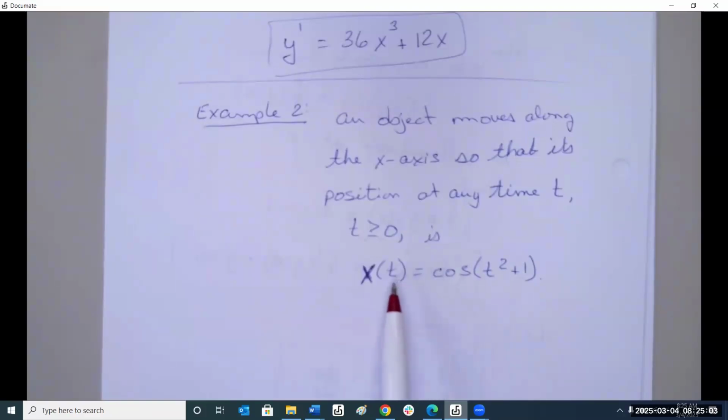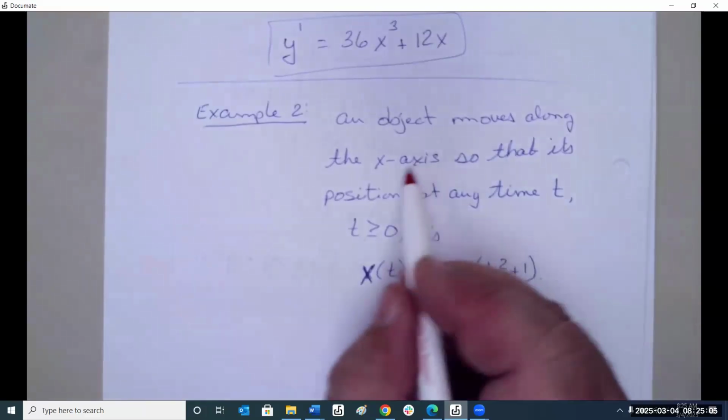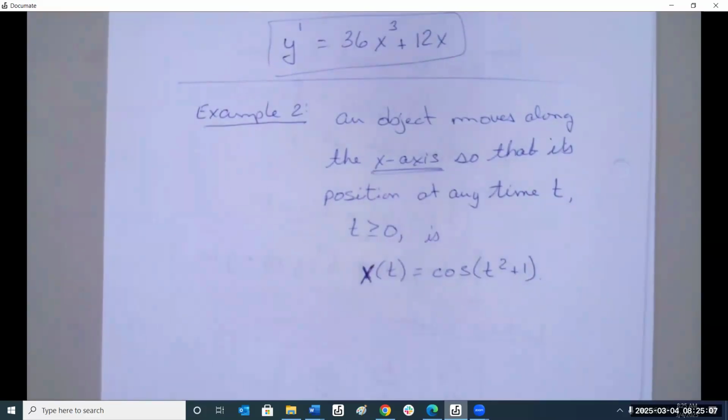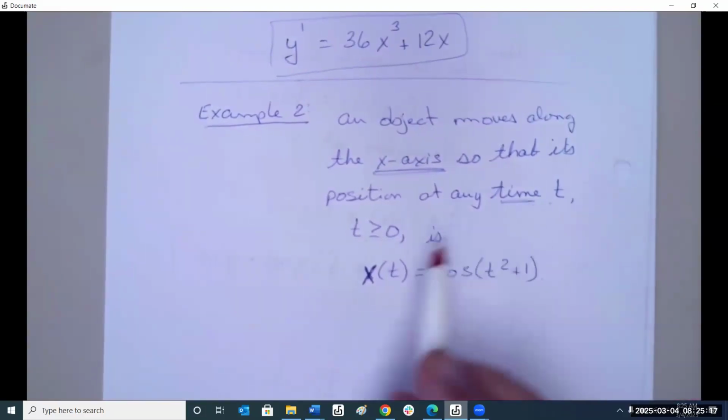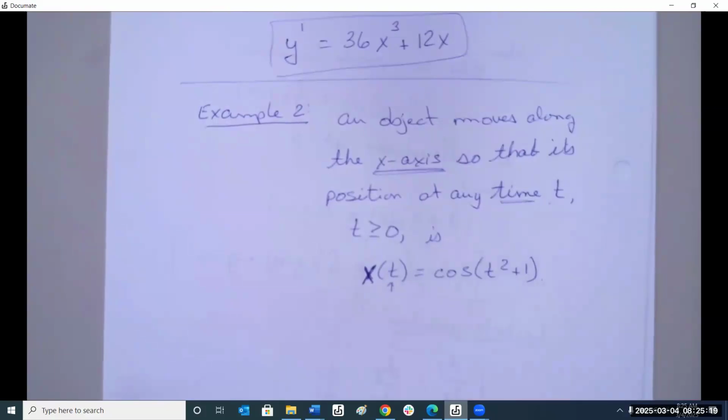What direction? It's along the x-axis. So I want to know what the position is anywhere on the x-axis. What does t represent? Time. So that's the only value that changes, time. So the position is dependent on the function of time.